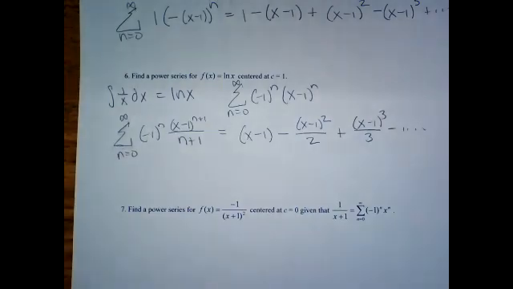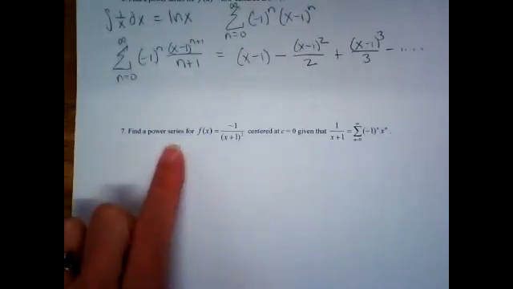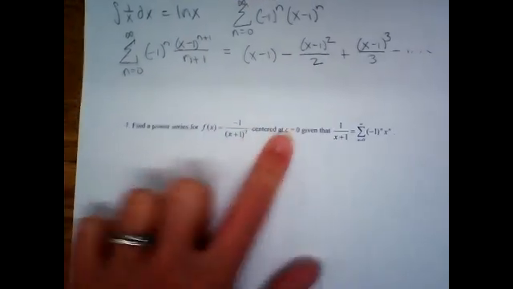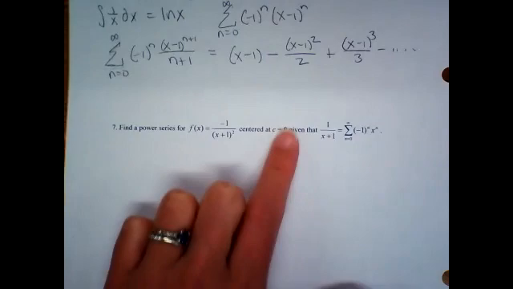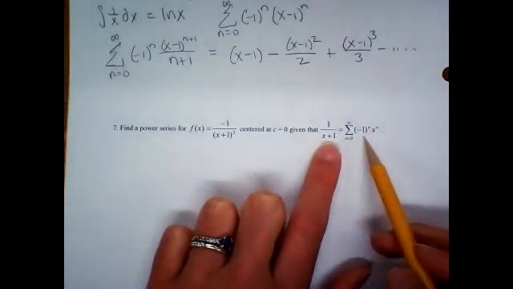And then the last one's going to be really similar. And they do this on the AP exam. They'll give you one and then ask you to do something with something else, and it'll be the derivative or the antiderivative. So we're given this function, or it says, I'm sorry, find a power series for this function centered at 0, given that 1 over x plus 1 is this.